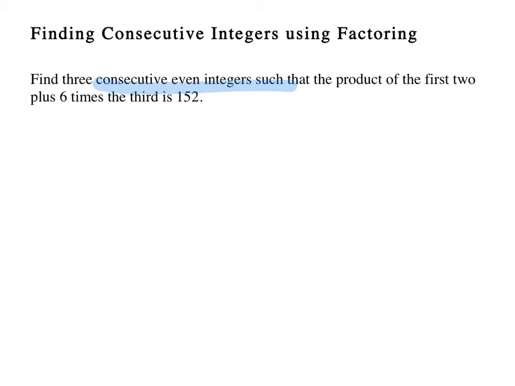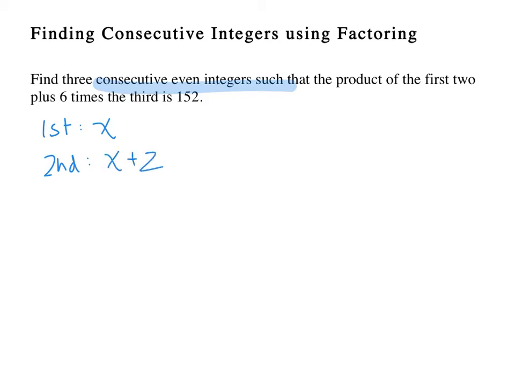So what we're going to do is call our first integer either n or x. So maybe I'll say my first one is going to be x. If my first number was 2, the next number I know is going to be 4, right? How are those two numbers related? I found the second one by adding 2 to my first one.